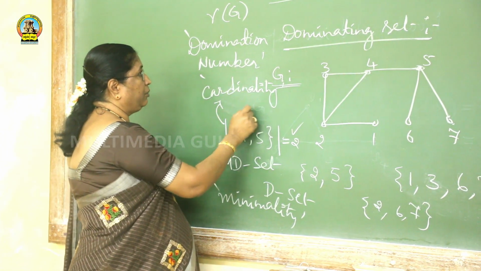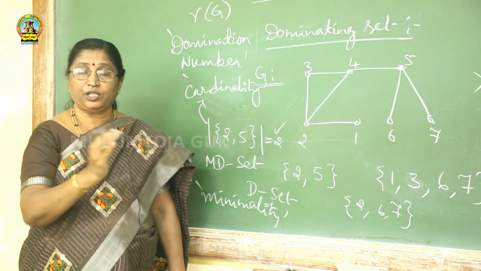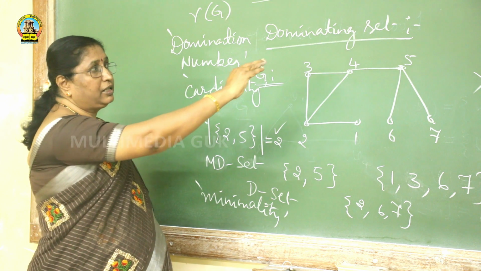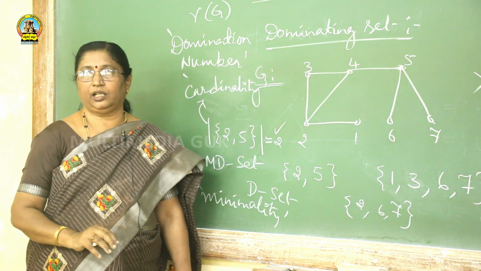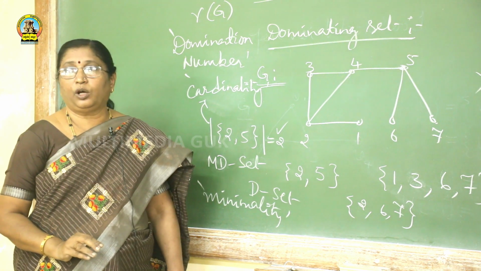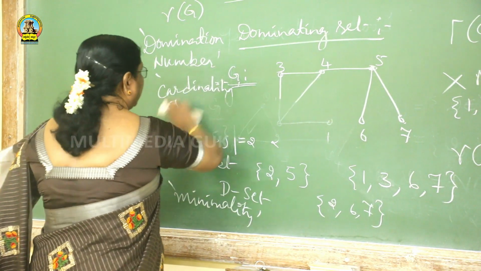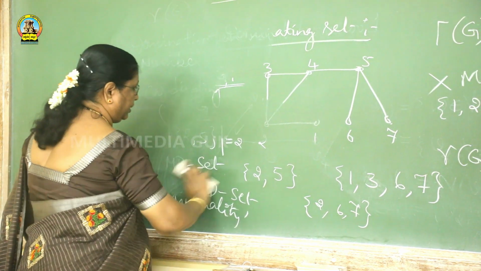Small gamma of G is the lower bound, and that maximality is used for the upper domination number. So this is about the domination number.